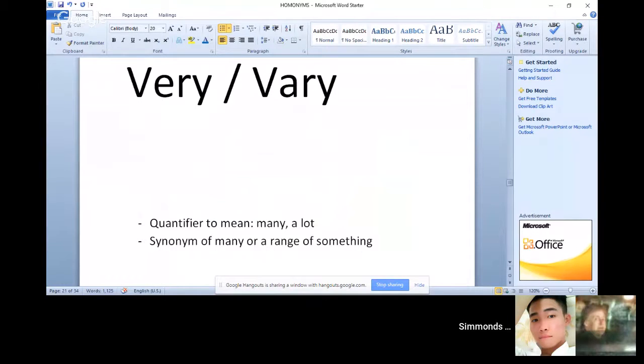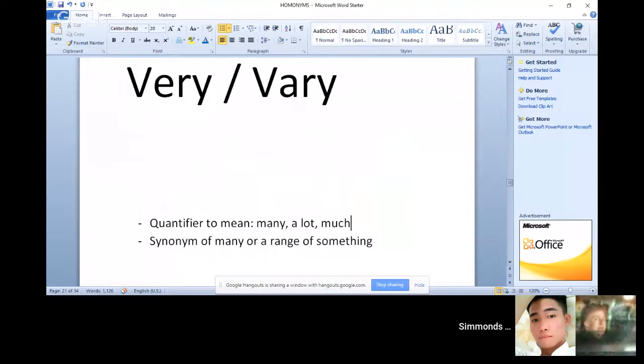Many we use with countable nouns. And I suppose much we can use with uncountable nouns. But a lot of, see, it changes. It's not exactly the same. She's very beautiful. We cannot say she's much beautiful. We do not say that, because beautiful is not a noun. So it's used differently. The structure is different, but it's something similar.